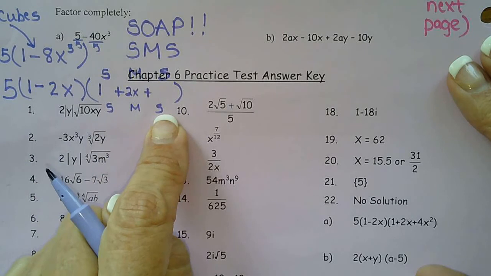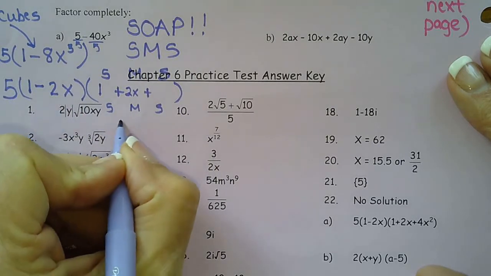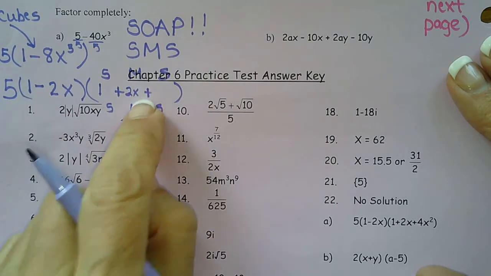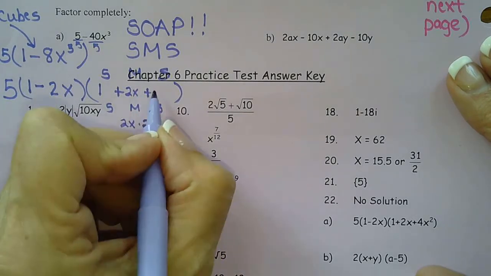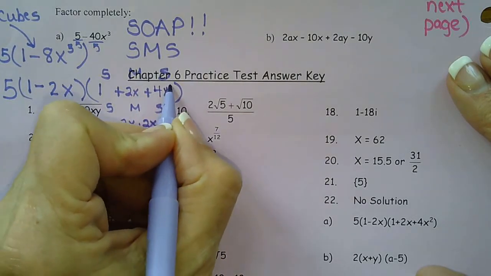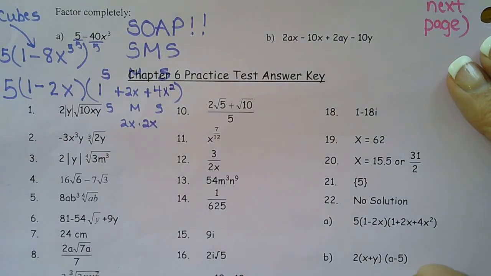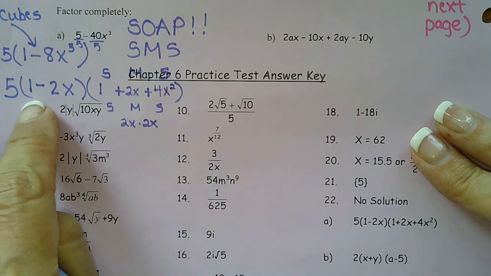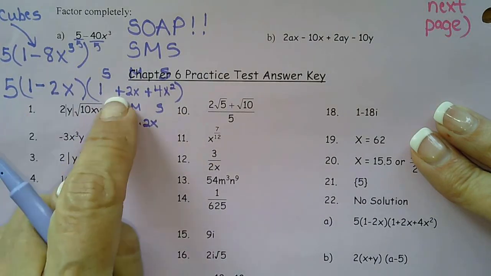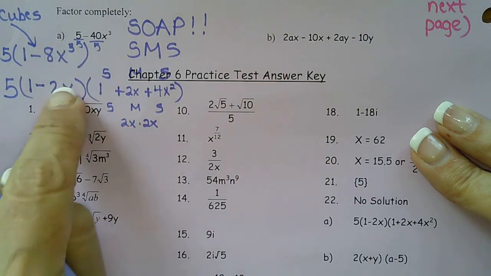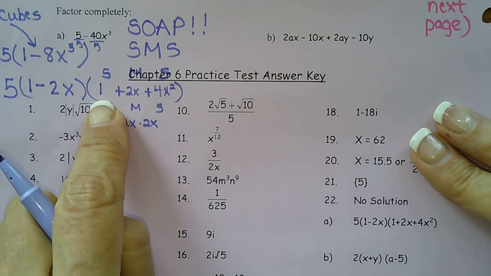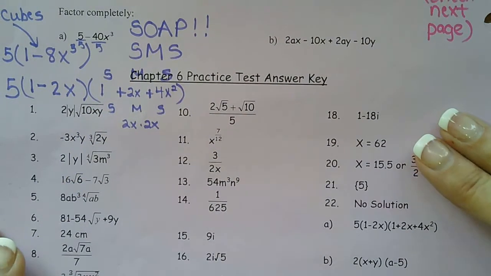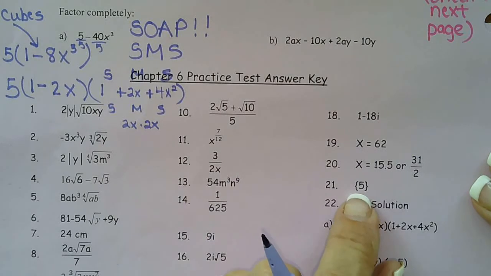And S means square the last term. So that would be 2x times 2x, not paying attention to the signs, they're already there. And that gives us 4x squared. Done. So that is double factoring. First a GCF, then our cubes, setting our signs with SOAP, taking the cube roots, and then doing square, multiply, square.